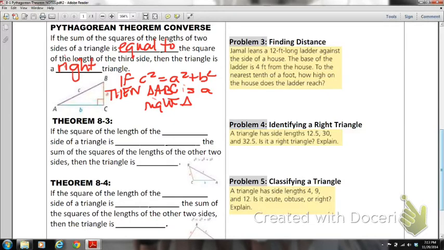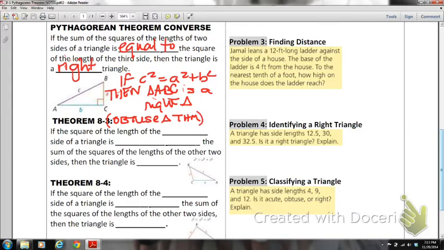The next theorem that's related to this, we could call it the obtuse triangle theorem. Let's just write that down there. Obtuse triangle theorem. That's what we could call that one.